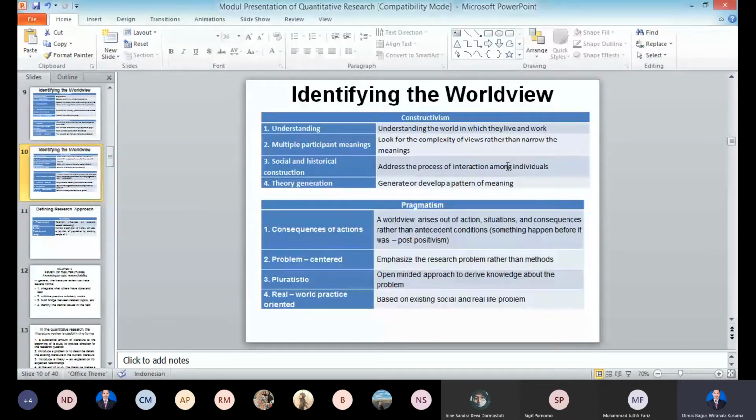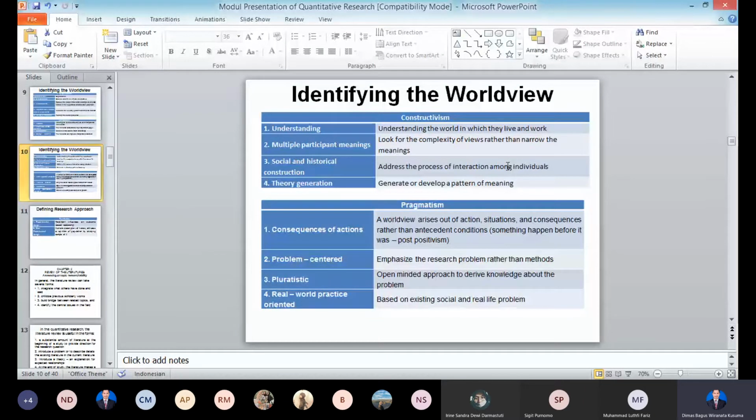Because in research, sisters and brothers, we have to differentiate between the problem and the method. The problem is the essence, and the method is the tool to solve the problem. In the previous views, the problem and the method dynamically interact with each other. So in order to solve the problem, you have to find the method.